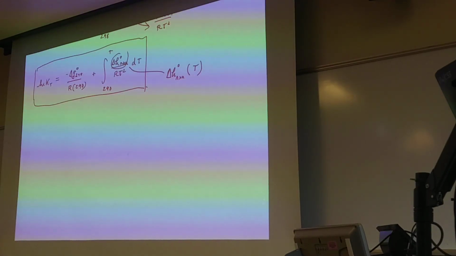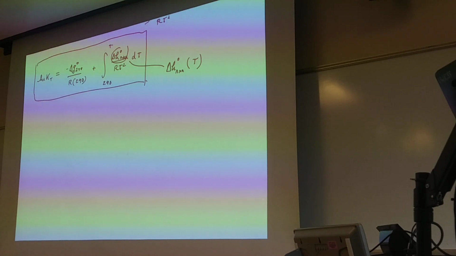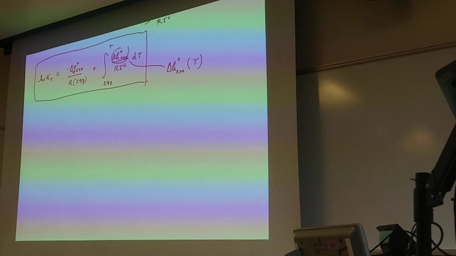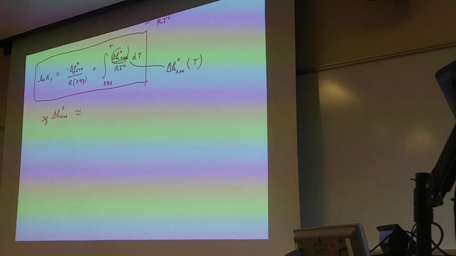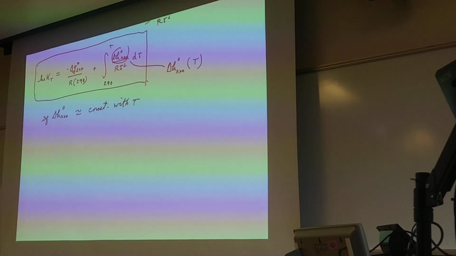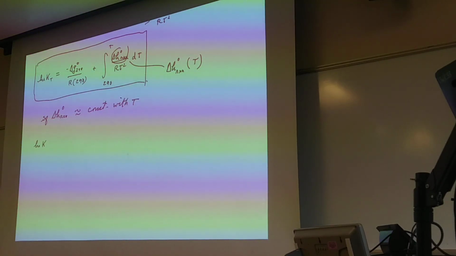So let's take a look at the situation where we'll say that it is constant. It is, and I can pull that through the integral sign, and this gets much simpler.